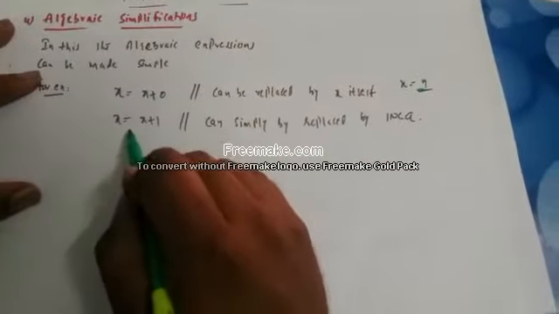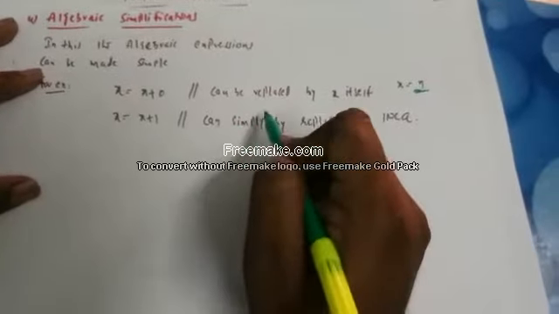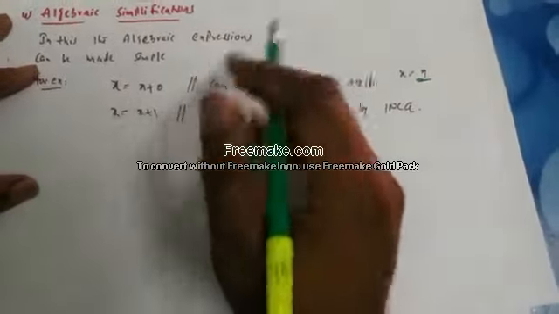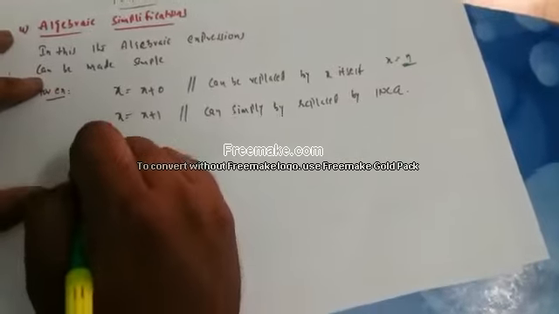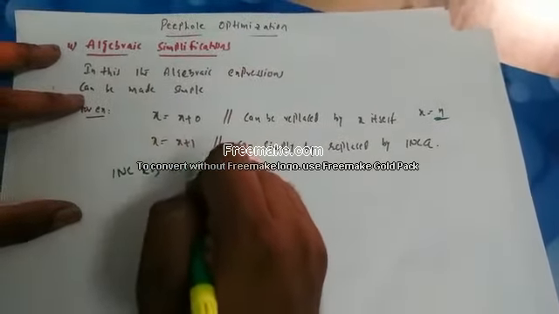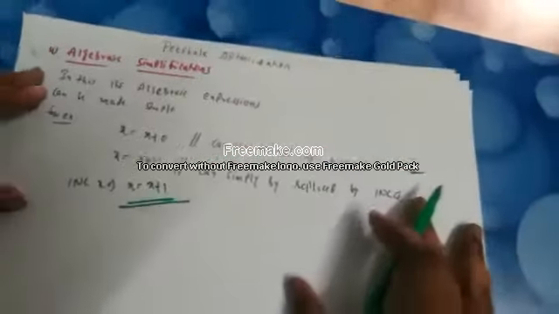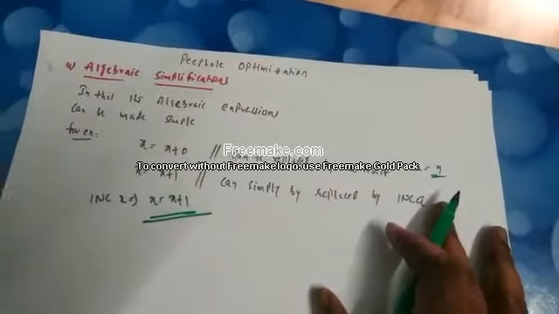And x equal to x plus 1 can be simply replaced by increment x. So this is peephole optimization.